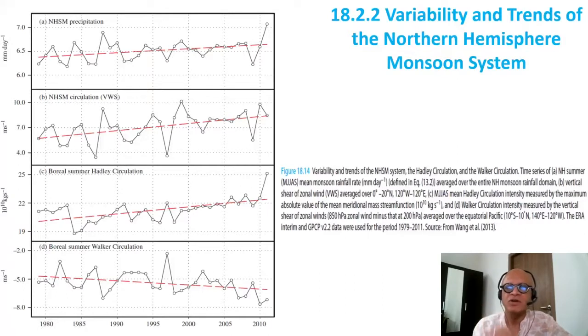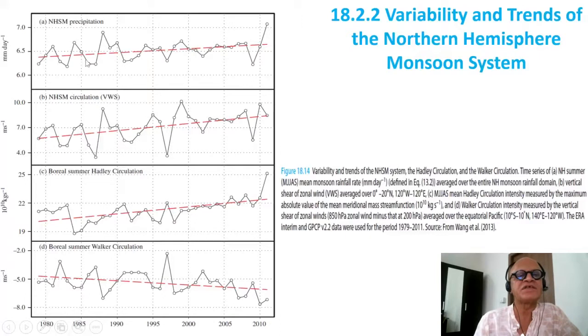So you basically look at the cross equatorial flow and you get a sense of the Hadley cell strength. Walker circulation intensity is measured by the vertical shear of the zonal winds, 850 minus 200, averaged over the equatorial Pacific region given here.